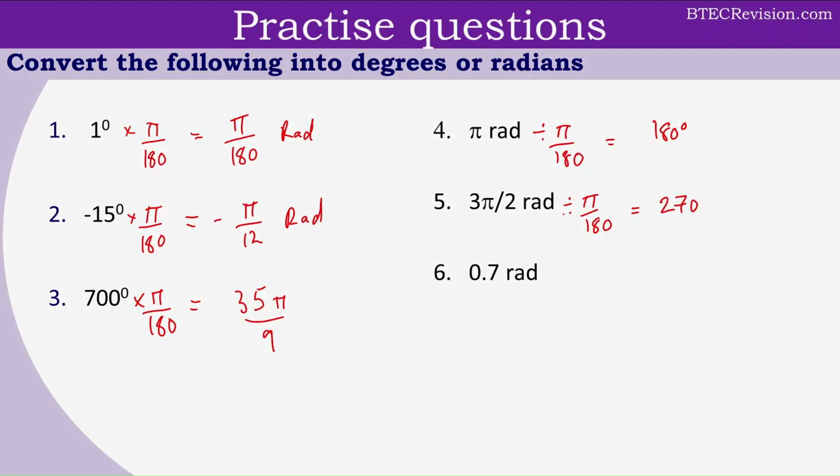One thing to note is when dividing by pi over 180 in your calculator, make sure you put a bracket. Question number 6, we would divide by pi over 180, and it's going to be equal to 40.1 degrees to 3 significant figures.